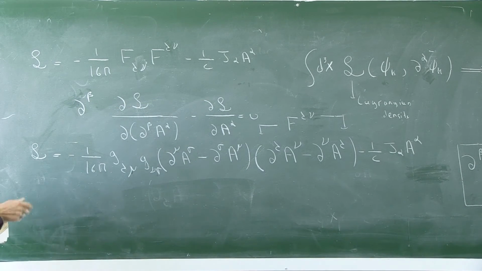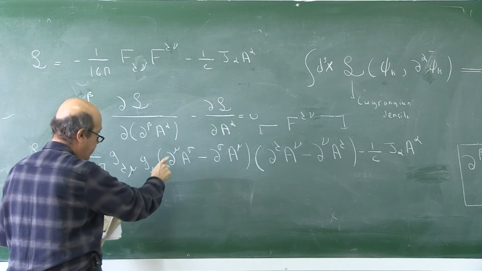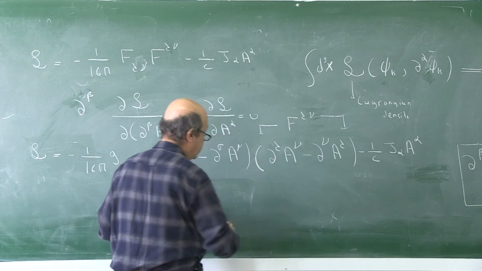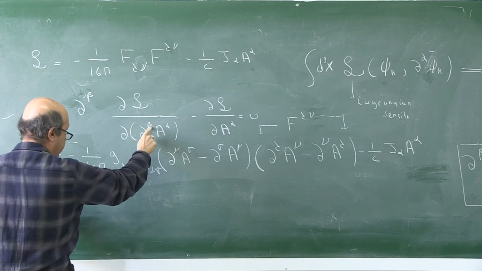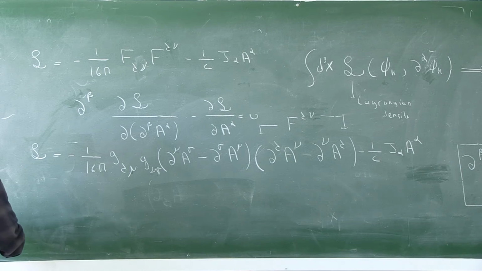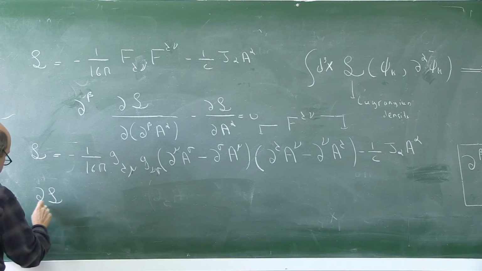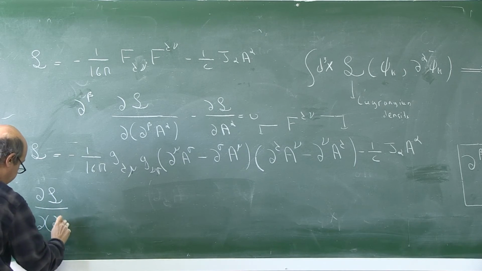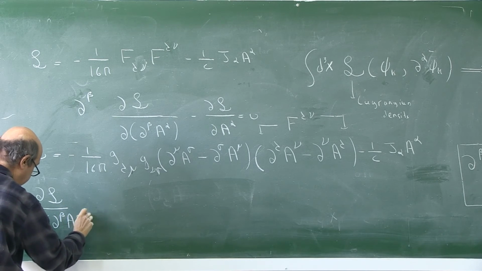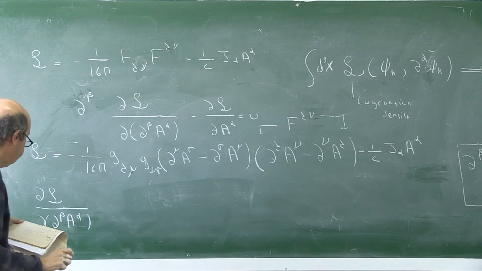So we are coming to the important stuff. We write the Lagrangian density with upstairs indices, then we have to take the derivative with respect to del beta A alpha. Del Lagrangian density over del beta A alpha. So what will this be?